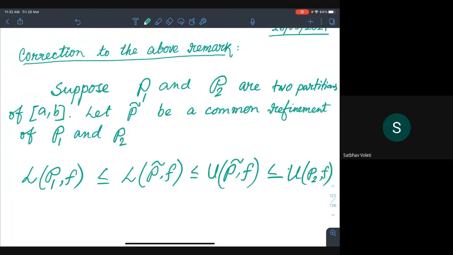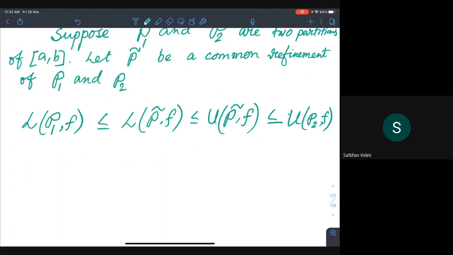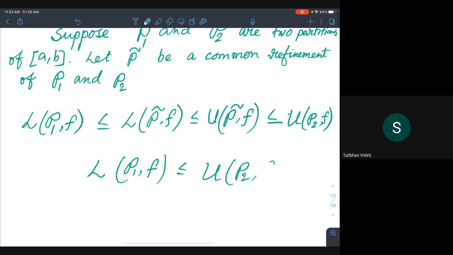All right. Now you see what we get is L P1 of f is less or equal to U P2 of f.